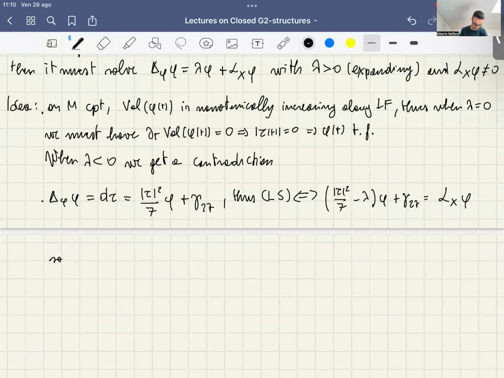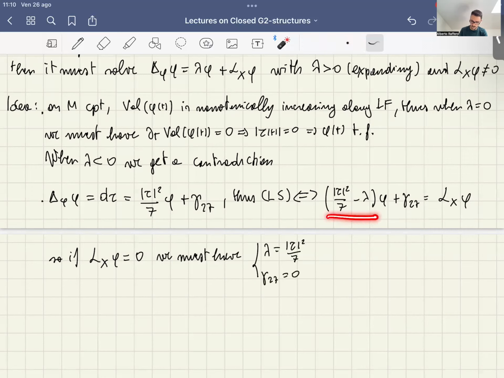And so, if this Lie derivative is 0, which means that either x is 0 or x is an infinitesimal automorphism of the G2 structure, then we must have that lambda is equal to the square norm of tau over 7 and that gamma 27 is equal to 0.